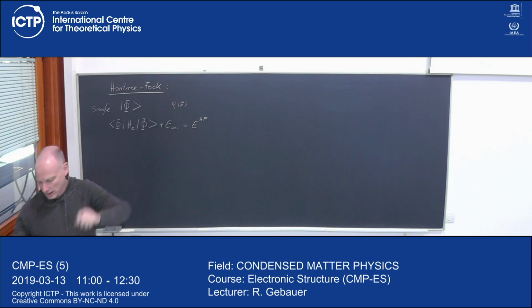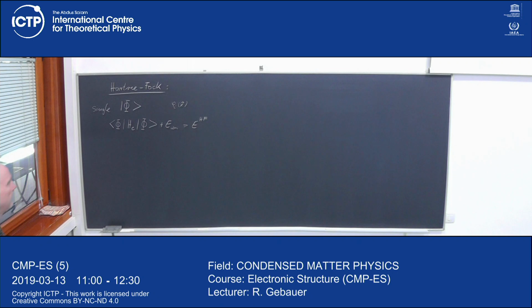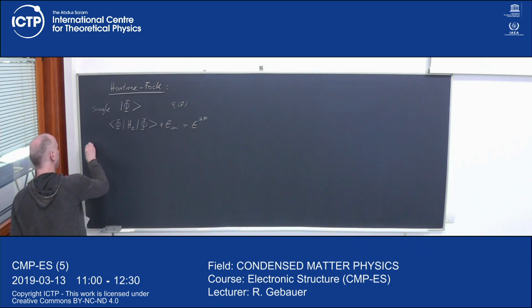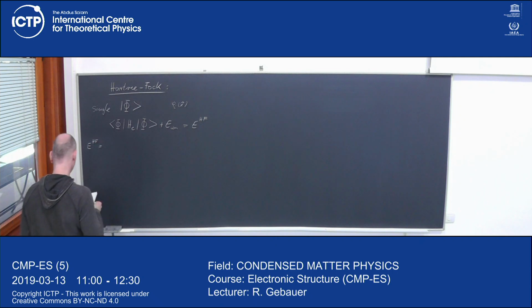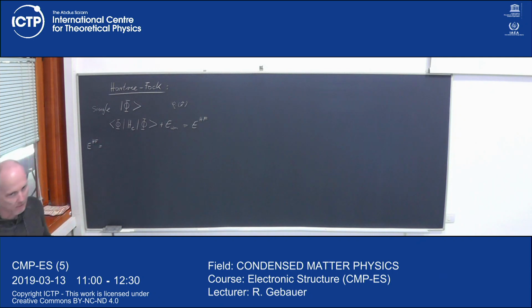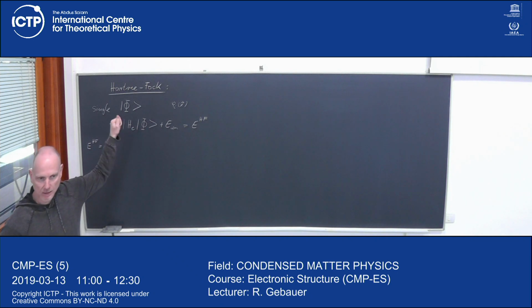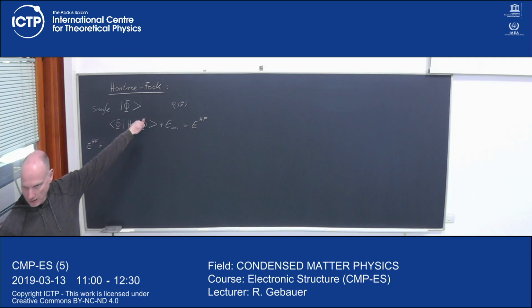This is what we did last time, and I would like to write it again. So what our result was, E Hartree-Fock, in fact, contains several parts. One part is everything related to the single particle operator, because this Hamiltonian, as you know, has a single particle term, which is kinetic energy and interaction with the nuclei.